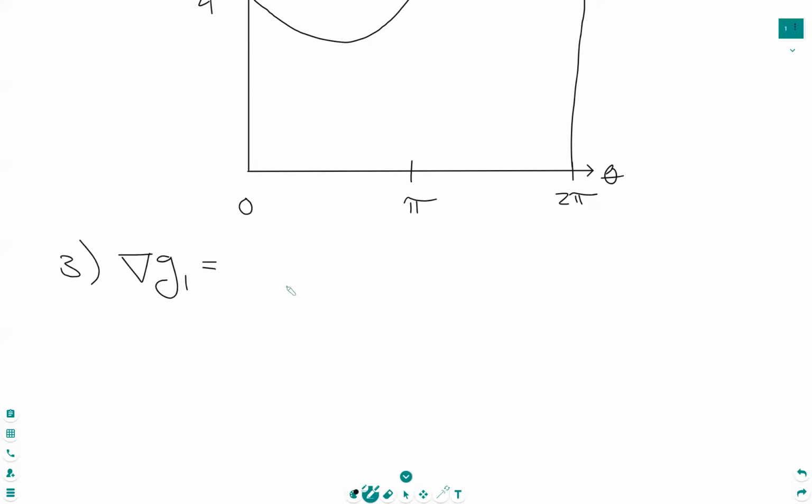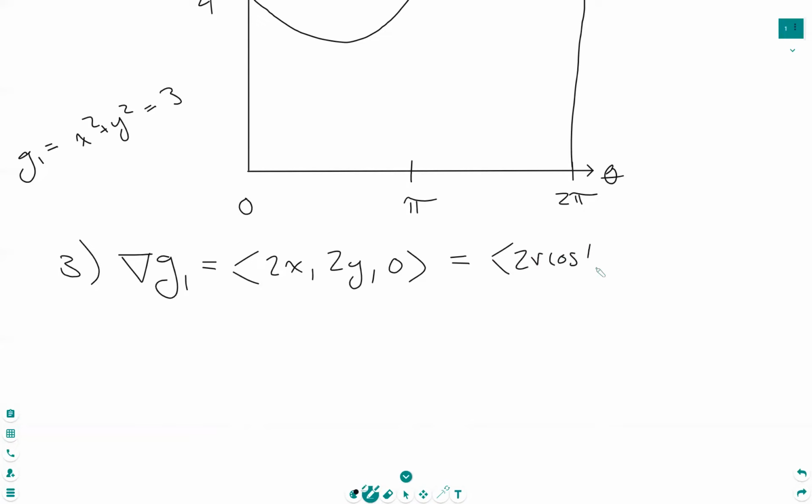The gradient of my g function. Remember our g function, so let's write here. G1 was x squared plus y squared is equal to 3. So we can take the gradient in Cartesian coordinates. We get 2x, 2y, and 0. But then we need to convert this into our cylindrical form. So 2r cosine theta, 2r sine theta, and 0.